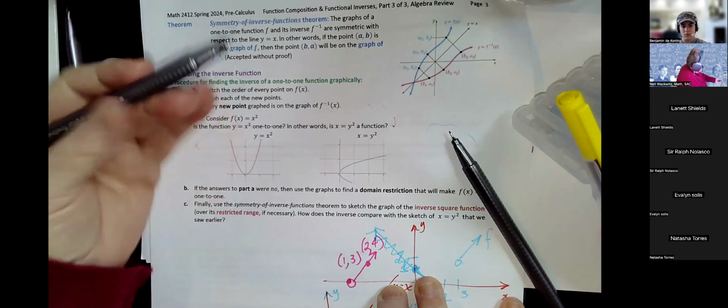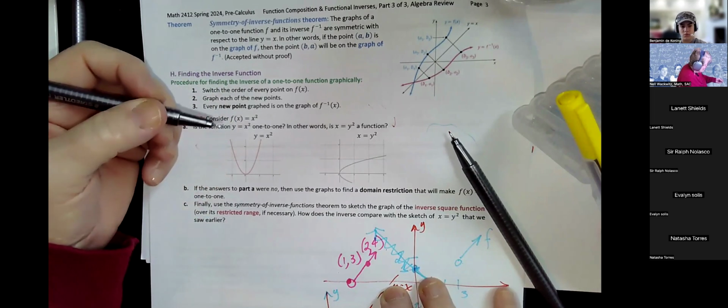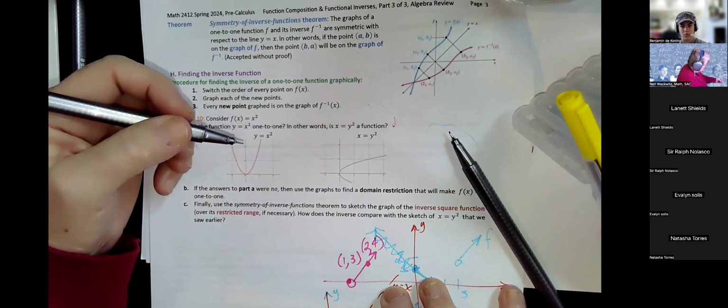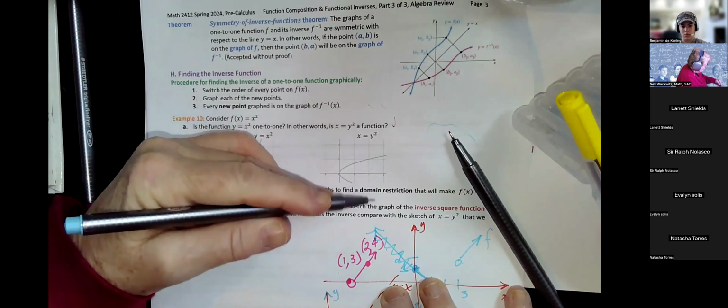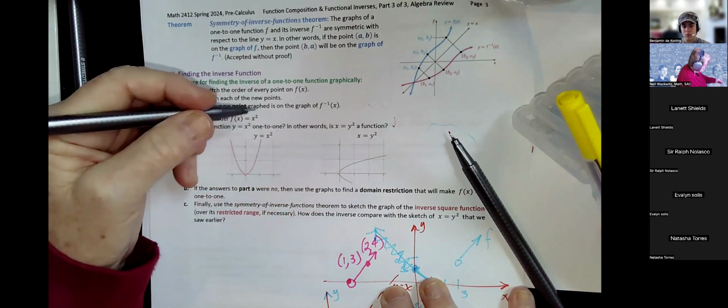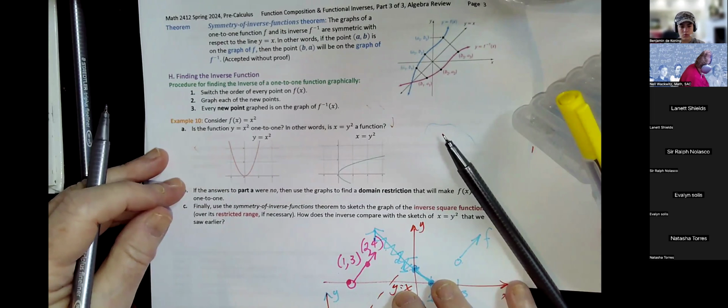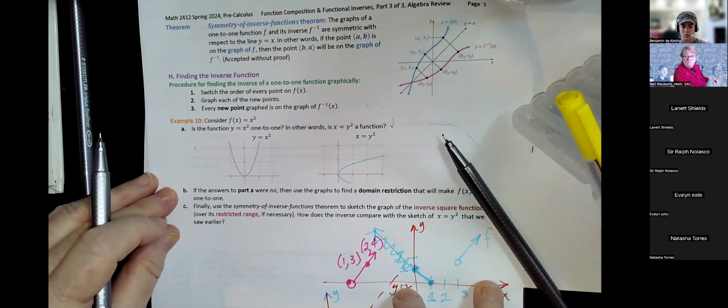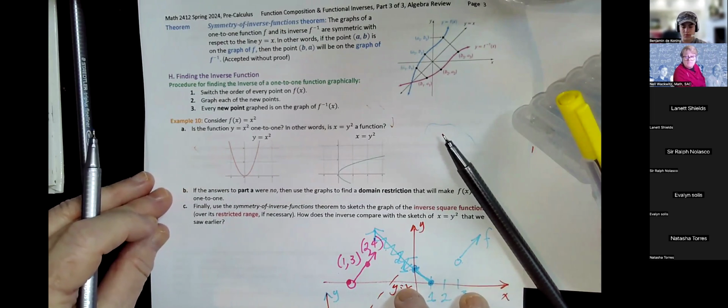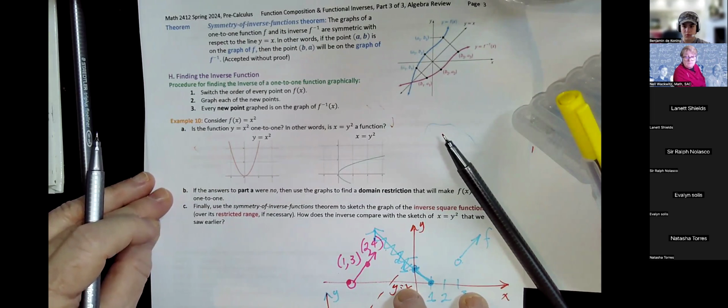We can make it go, we can flip it across the x-axis. I'm not quite sure what you mean. How about like flip it vertically, upside down.